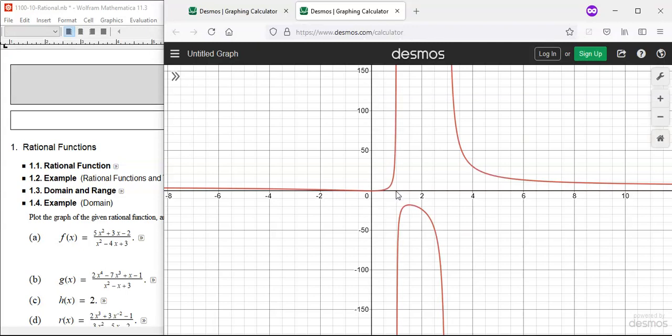The y-coordinate is the function value, remember? I emphasized it many times since section 3.2. The function value is being pushed away toward positive and negative infinity at x equals 1. Same goes here. At x equals 3, the y-coordinate, the function value, is pushed away toward infinity or negative infinity.